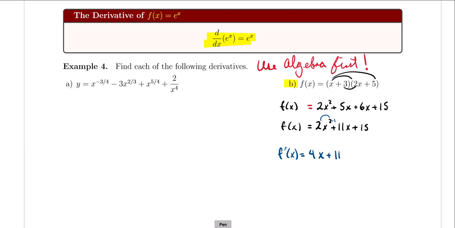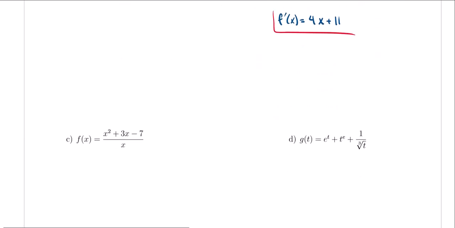So our final answer then is going to be equal to 4x plus 11. And that's it. There we go. We found the derivative for the function (x plus 3) times (2x plus 5). Alrighty. Now, let's go ahead and take a look at another problem here.